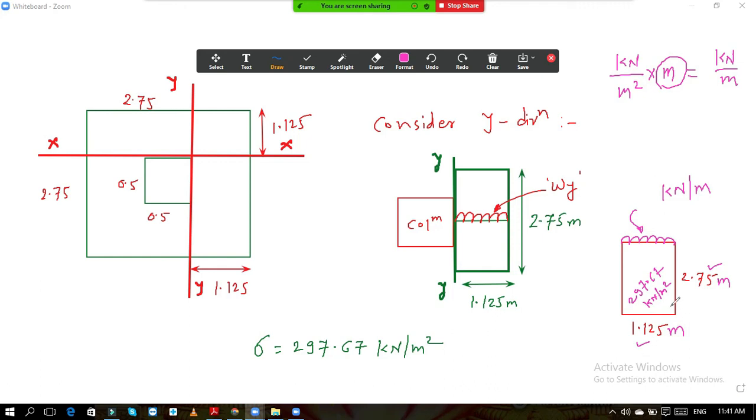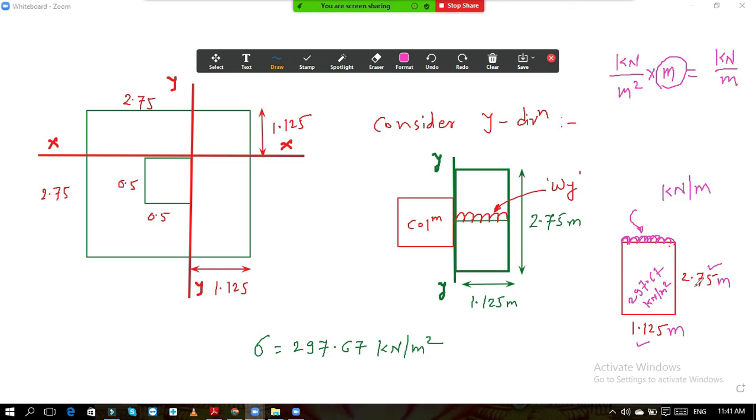So now if we want the UDL on this side, it is kilonewton per meter. So what is the total length? 1.125. If we want the UDL on this side, then we should multiply by the opposite length. Whichever length we want the UDL on, multiply by its opposite length.